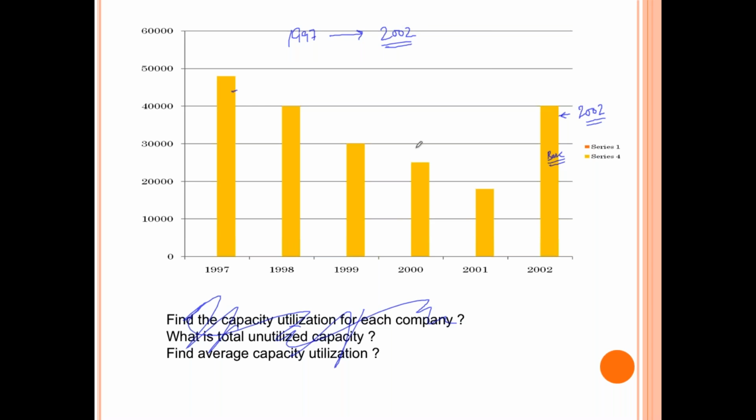So I will give you the values, then you have to calculate the percentage. First question is, the sales of 1997 is what percentage of the sales of 2002. Second question is, the sales of 1998 is how much more than the average sales, right?